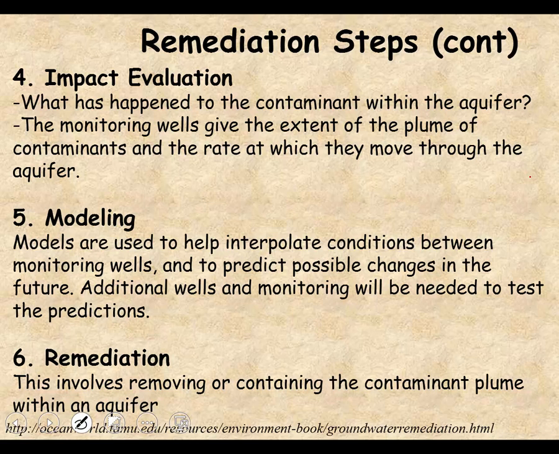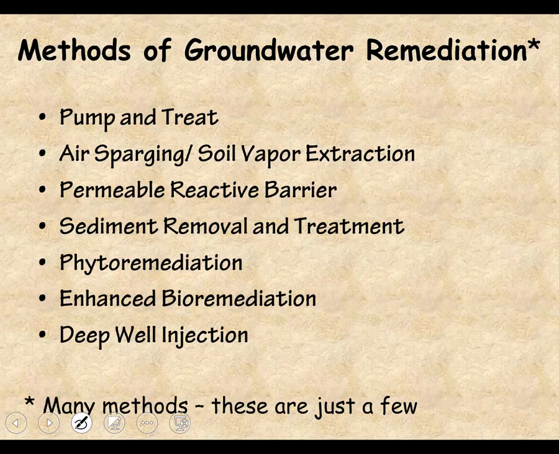We do that as a groundwater hydrologist, in part to figure out where we're going to have to add additional monitors to completely determine the plume. And lastly, remediation. Now we have to remove or at least contain that contaminated plume within the aquifer.